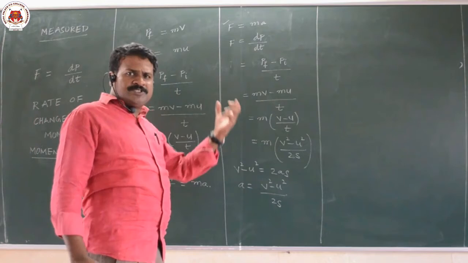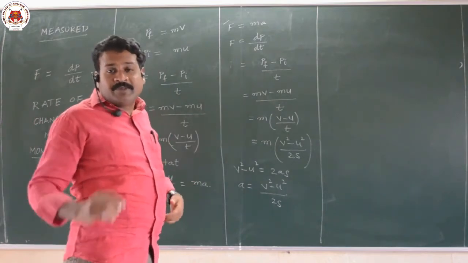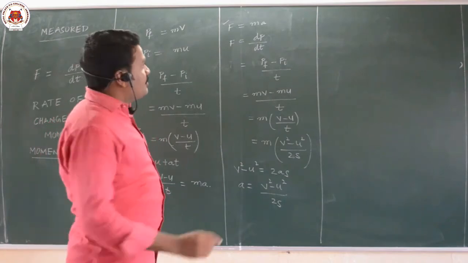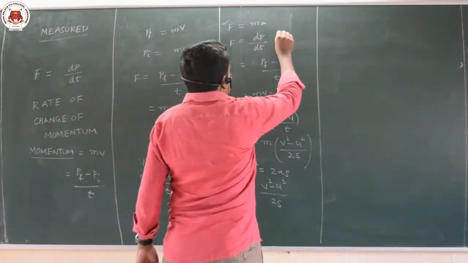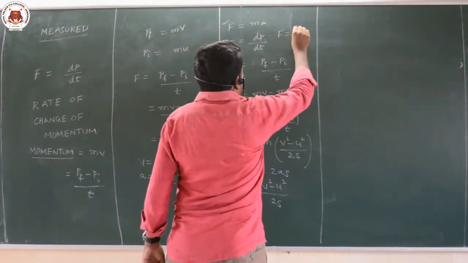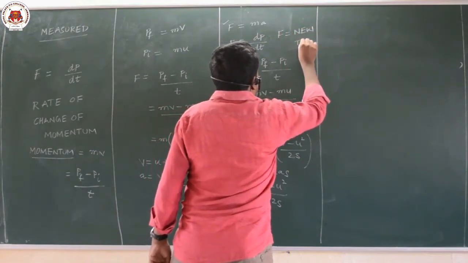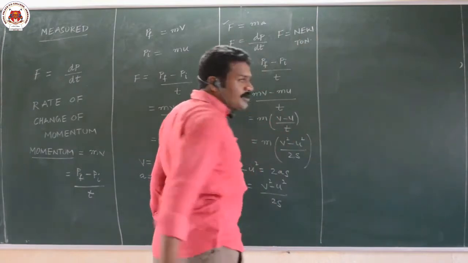Detailed explanation of force is given by Newton only. Because of his efforts on force, the SI unit for force is named Newton. Newton has done a lot of work to find what force is, and he has given everything regarding force.